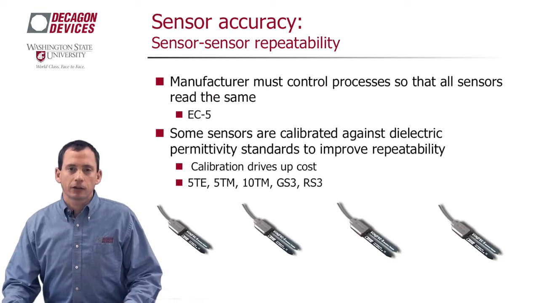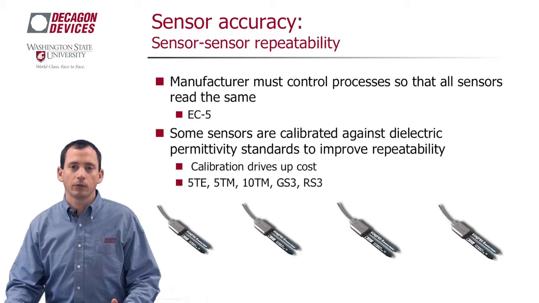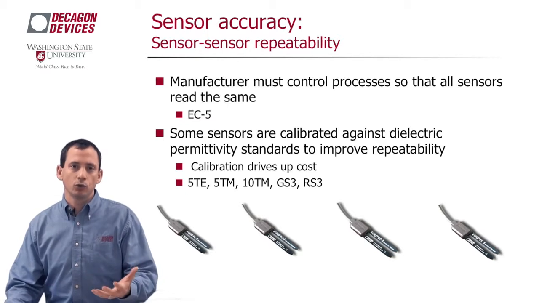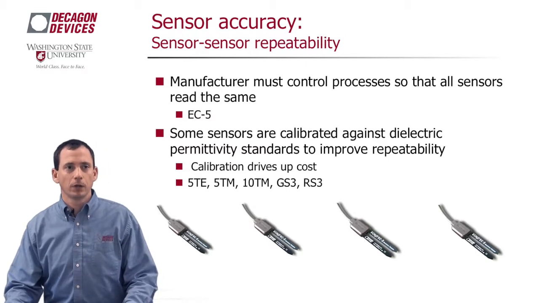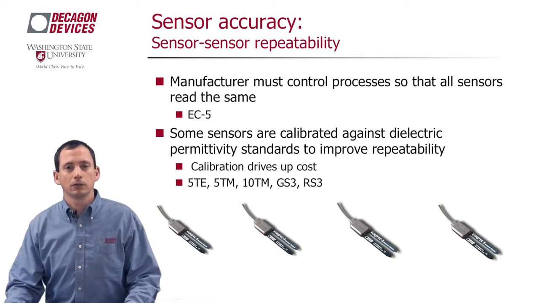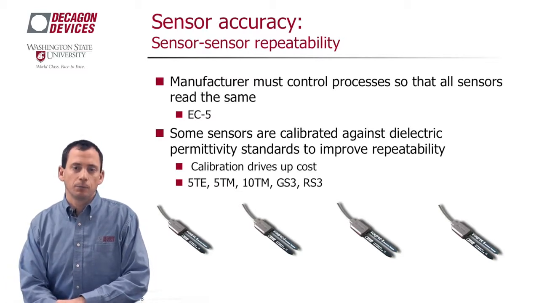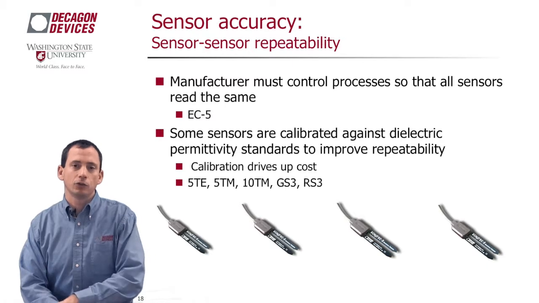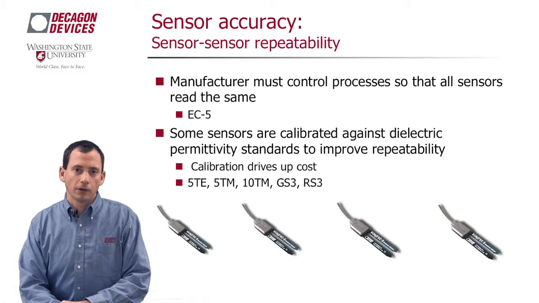So what are some of the factors that we have to control for, that we have to take into account to make sure that we give you a sensor that measures dielectric permittivity as accurately as possible? Well, we may not have understood this so well back in the early days, maybe back in 2002 when we started making soil moisture sensors, but we certainly understand it now that one of the key things we have to do is make sensors as repeatable as possible.